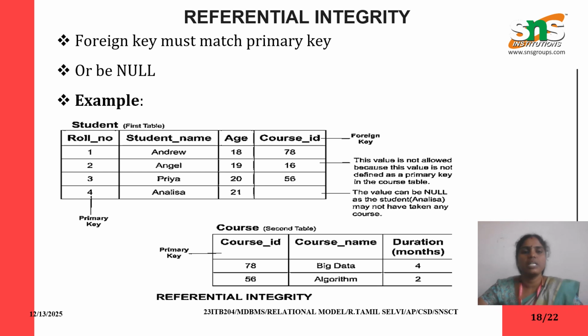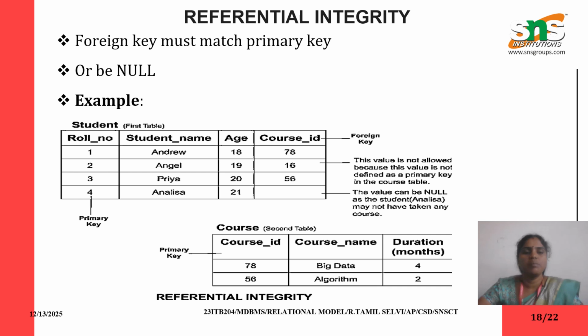Next one, referential integrity. Referential integrity ensures consistency between the related tables. Consider this example. We have two tables. The first one is student and the second one is course. In the student table, we have the columns roll number, student name, age, and course ID. And in the table named course, we have three columns, that is course ID, course name, and duration.